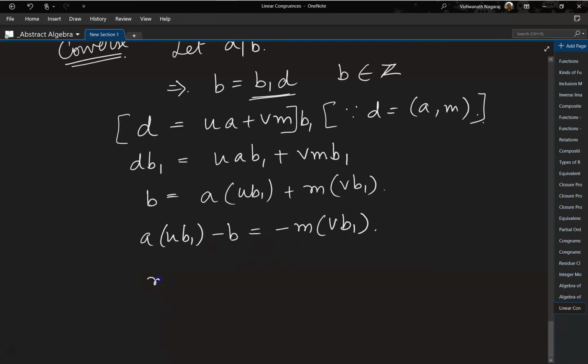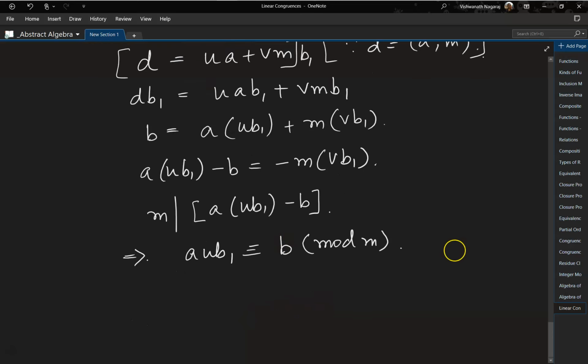Which means M divides AUB1 minus B. This whole thing is nothing but a multiple of M. So M divides this, which implies AUB1 is congruent to B mod M. So here, remember, we started off by saying AX is congruent to B mod M. That means X equal to UB1 is a solution.